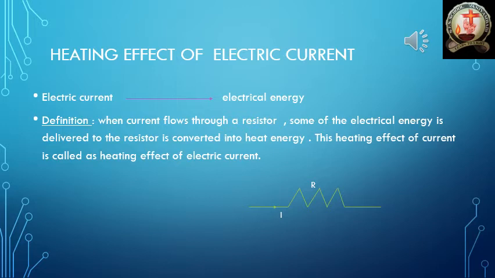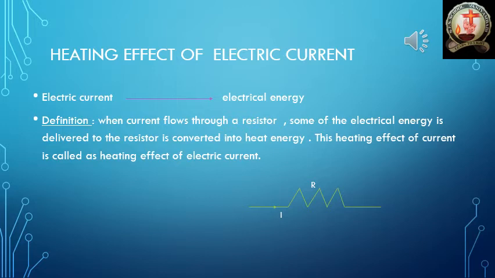That delivered electrical energy is converted into heat energy. I hope you understood this. I already told you in earlier cases also. Whenever current is flowing through the resistor, in that total current, some amount is delivered to the resistor.